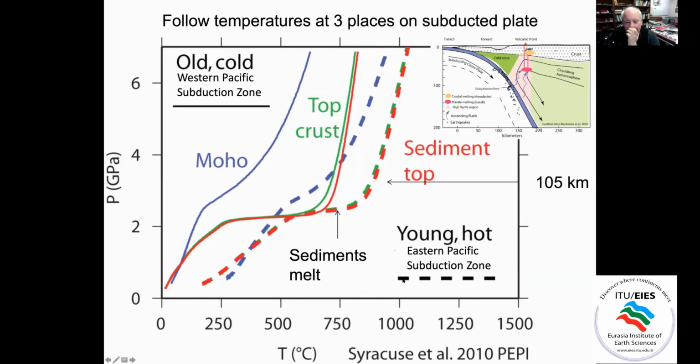One is young and hot, Eastern Pacific in dashed lines. The other is old and cold. Those are solid lines. And we're going to look at three different places: the base of the moho, the top of the oceanic crust in green, and the top of the sediments in red.